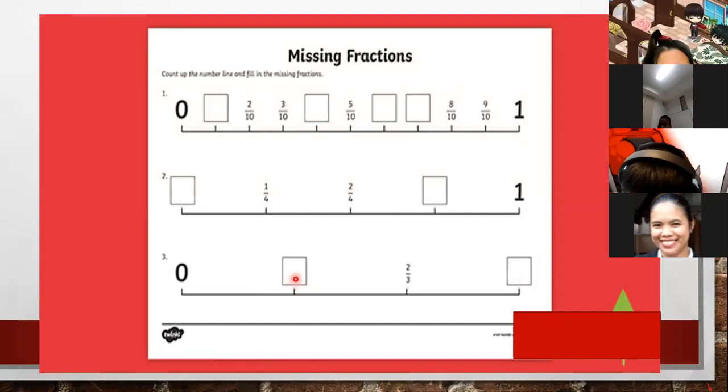That is 1/3, 2/3, and 1. Okay. Any question about the number line? No question?